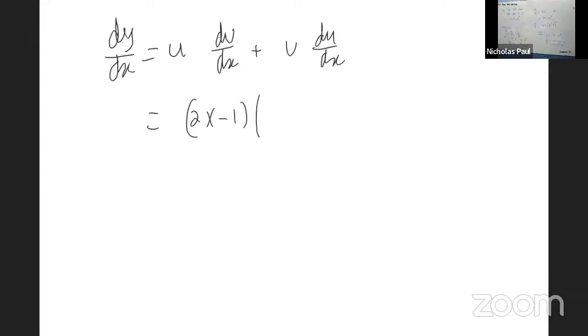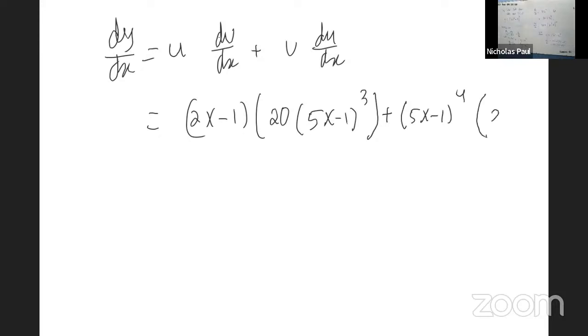What was dv/dx? 20 times (5x minus 1) cubed. And then you write down v. v was (5x minus 1) to the power of 4. And then you write down du/dx, which is 2.